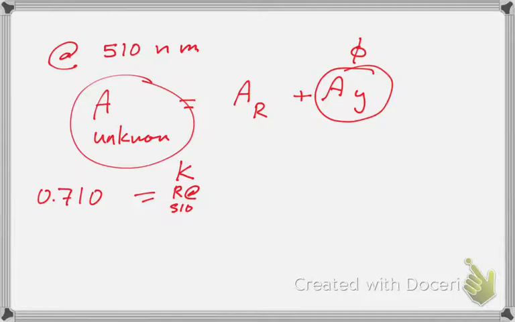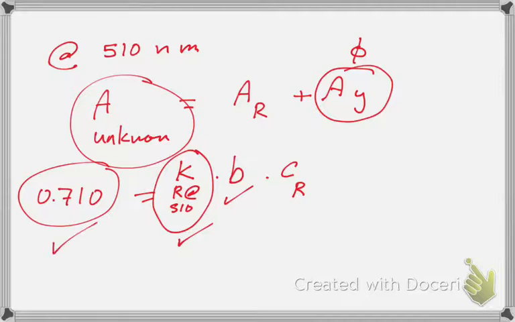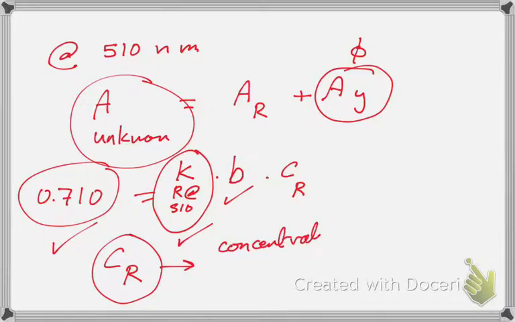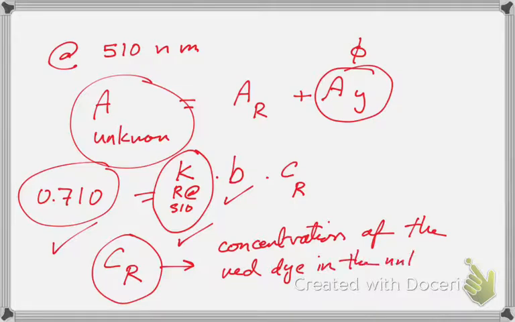I have to choose the right one, times B, which is 1 centimeter, times the concentration of the red. Now, this is 1 centimeter. I know what it is. K I got from my standard curve, and absorbance is given also because I measured it. So now you can calculate CR, and CR is the concentration of the red dye in the unknown sample.